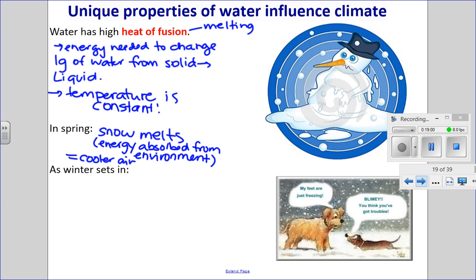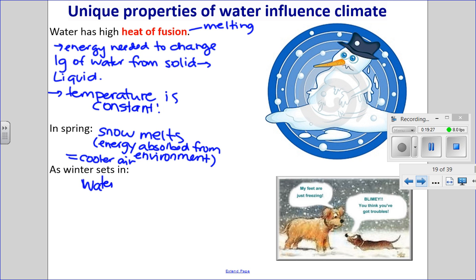We have less snow here. It's going to take less time to melt the snow, which means that it will start getting warmer sooner here, partially because of that. That's not the only reason, but that would be a factor. How much snow there is to melt will affect how long it takes for the weather to really start warming up. Now, as winter sets in, we could talk about what happens there.